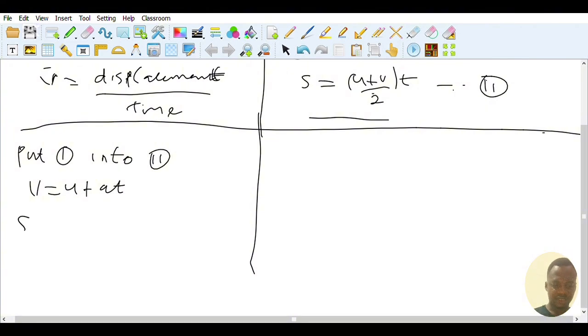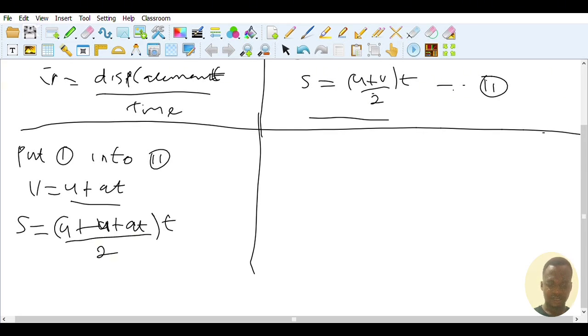So S is equal to U plus, that's V, so we substitute U plus AT, and then all of these over 2 and then multiplied by T. So we have S is equal to U plus U is 2U plus AT over 2 multiplied by T.